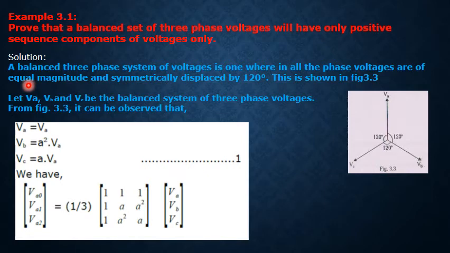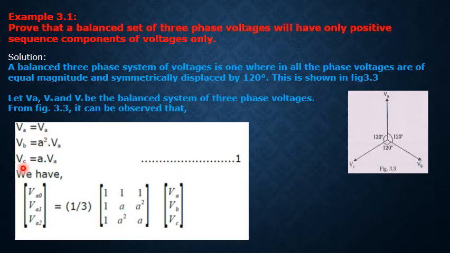So how are we going to represent it with the help of the a operator? For the a operator, if the given angle is 240 degrees, we represent it by a squared, which we studied in our previous session. So wherever 240 degrees with a magnitude of 1 is there, we represent it by a squared.